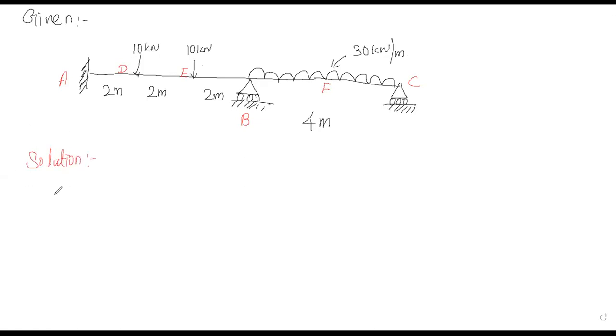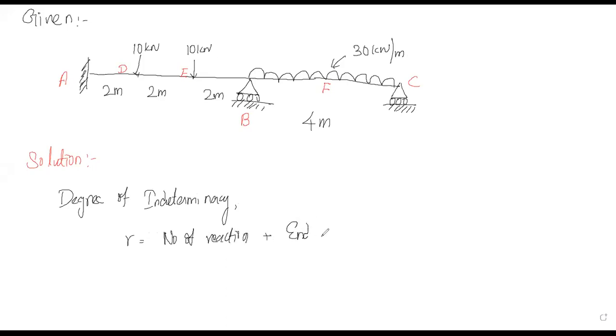First of all, degree of indeterminacy. Okay, so r is equal to number of reactions plus end moments minus 2.